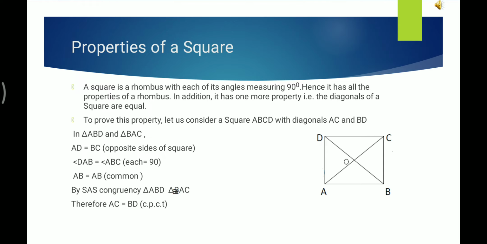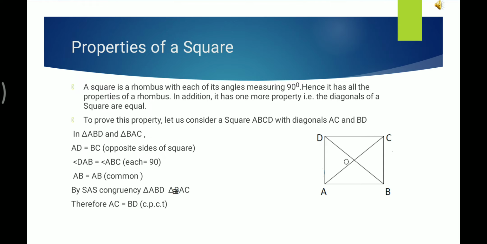Again focusing on the figure, we will find that angle DAB is equal to angle ABC, as both have same value, that is 90 degree. We know each angle of a square is 90 degree, so in triangle ABD angle A is 90 and in triangle ABC angle B is 90 degree.